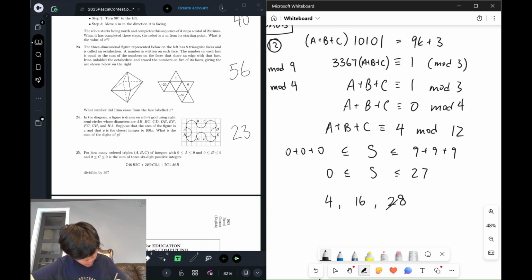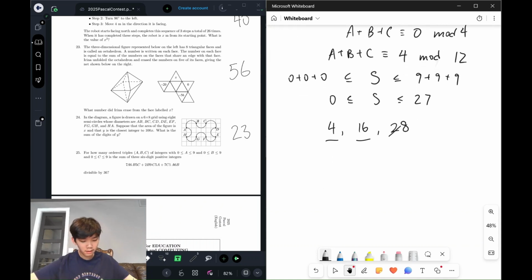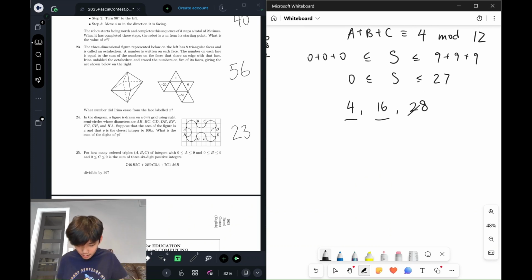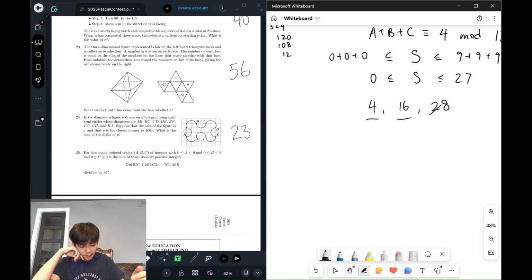Since 28 is too big, we only have these two cases. So now it remains to count the number of triples with a plus b plus c equals 4 or a plus b plus c equals 16. A plus b plus c equals 4.